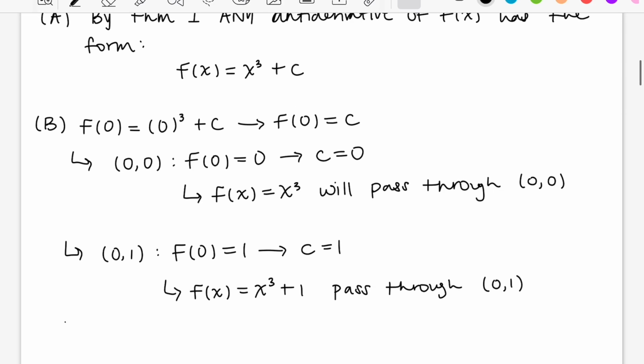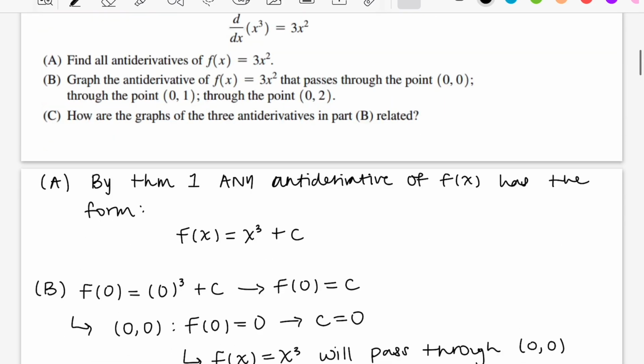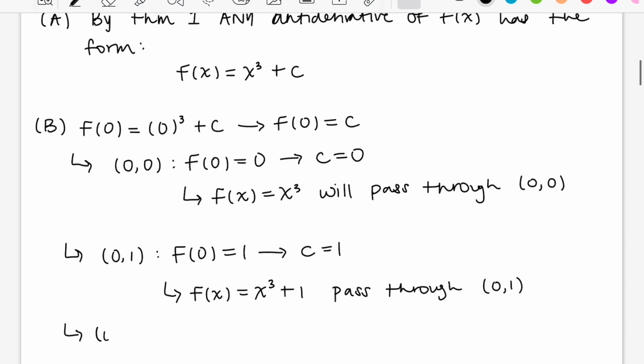All right, and then lastly, we're looking at the point 0, 2 here. And again, we're plugging in 0 to our function. We know when we plug 0 into our function, we're going to get c here. And in this case, it says when we plug in 0, we want to get 2. So f of 0 is going to be 2, which then implies c is equal to 2.